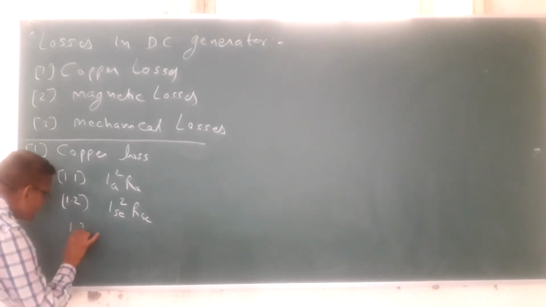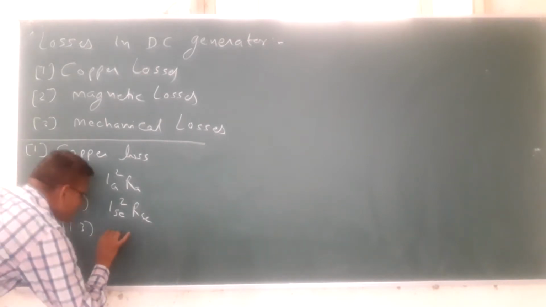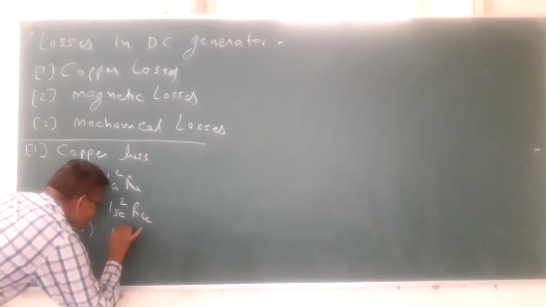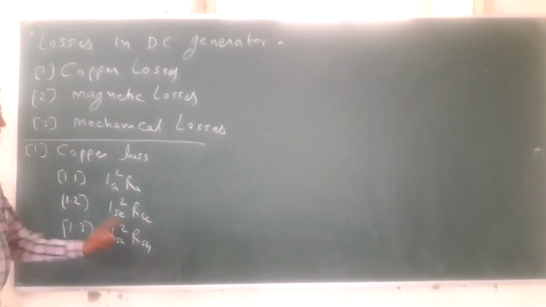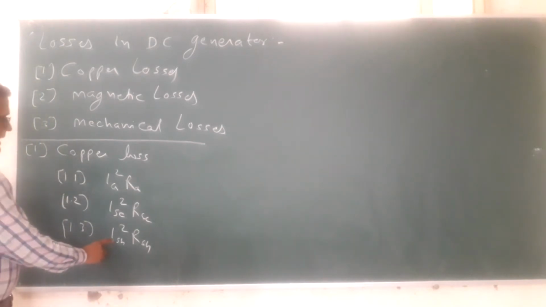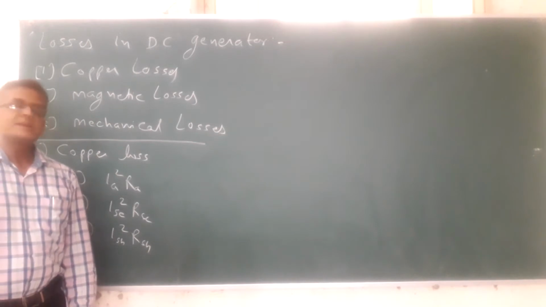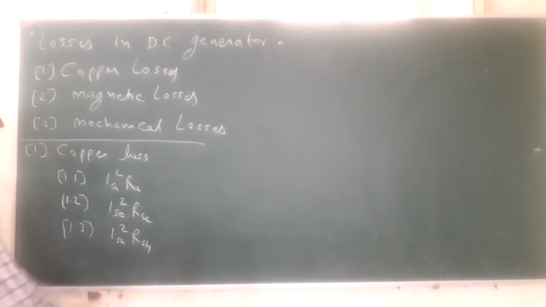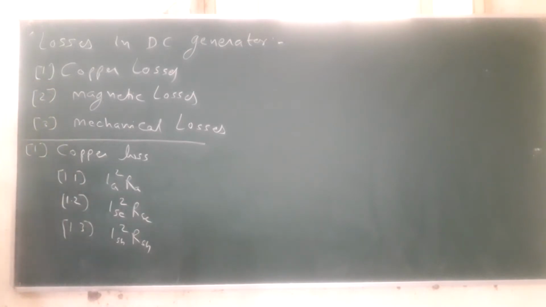Next, shunt field copper loss, and this is equal to ISH square into RSH. Here, ISH is current in shunt field winding and RSH is resistance of shunt field winding.